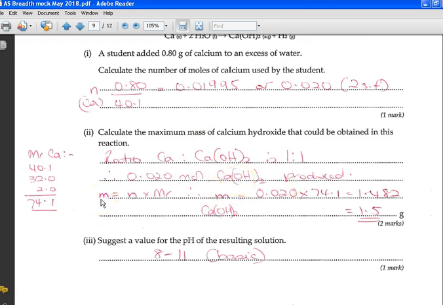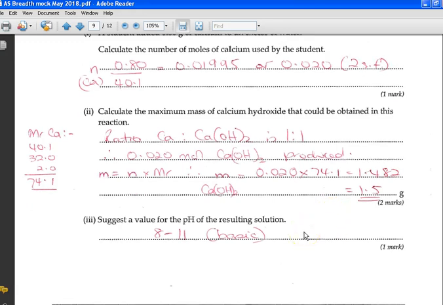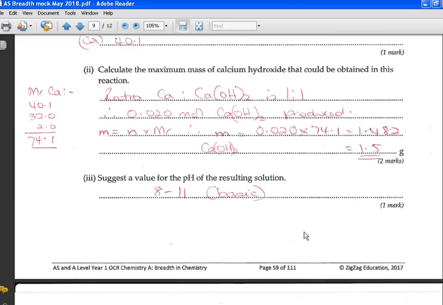So to work out the mass, obviously it's number of moles times molar mass, and there we are. Again, this is to 2 significant figures. Suggested value for the pH has got to be somewhere between 8 and 11 because it's basic.